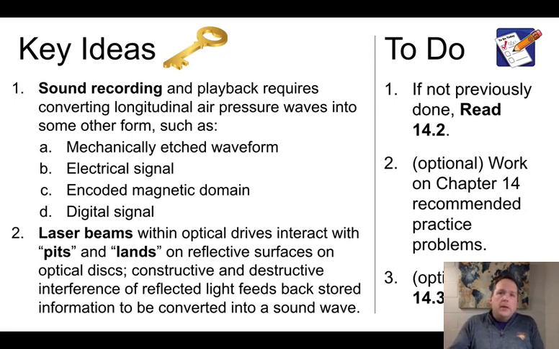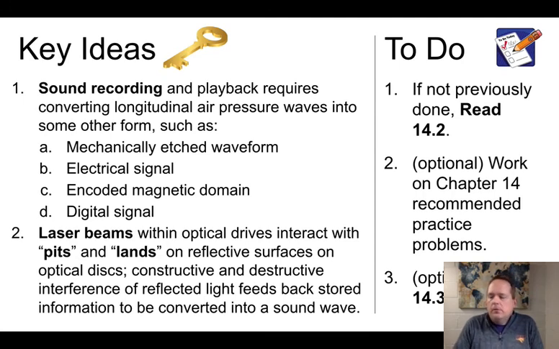It moved forward again in the 1940s with the ability to store information on magnetic tape and steer those magnetic domains to encode the information. And finally, in recent years, to digitize information and store it in a series of ones and zeros, first on the CD, but in other forms, as we'll see in Friday's discussion.